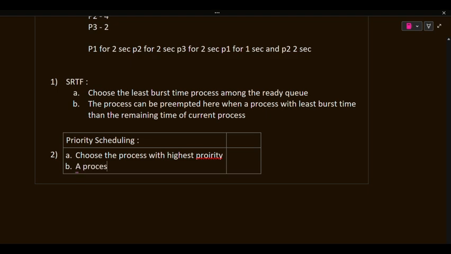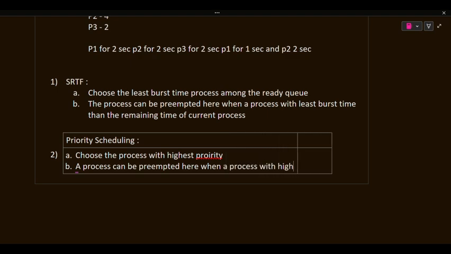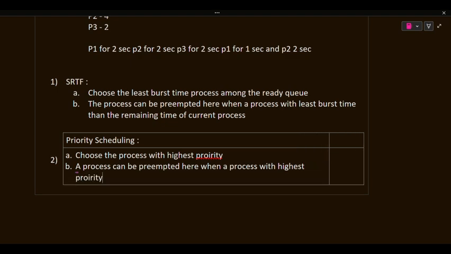A process can be preempted when a process with higher priority enters the ready queue.